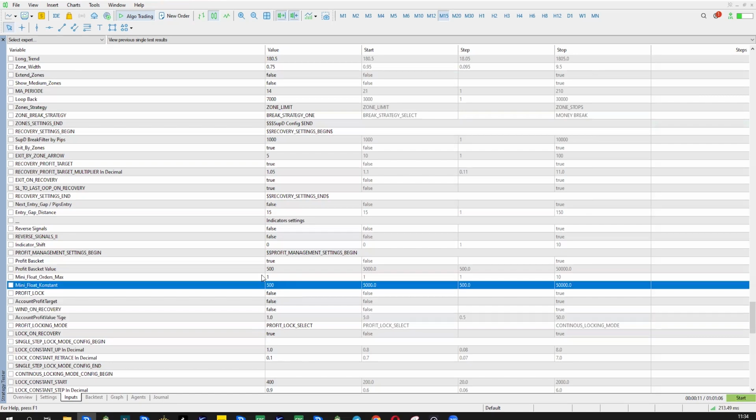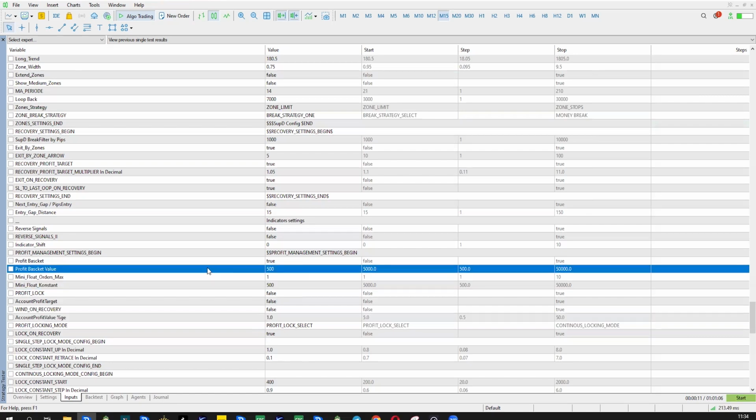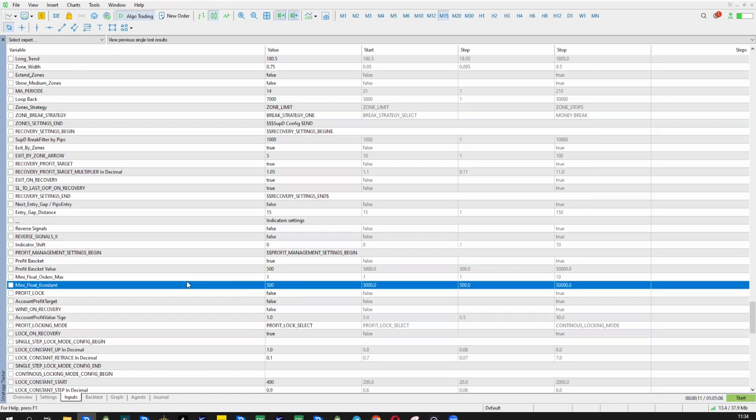The other thing we are going to see is the targets we have here, mini float constant. Mini float constant means the target that we are targeting per trade in terms of amount. So here we are targeting $500.